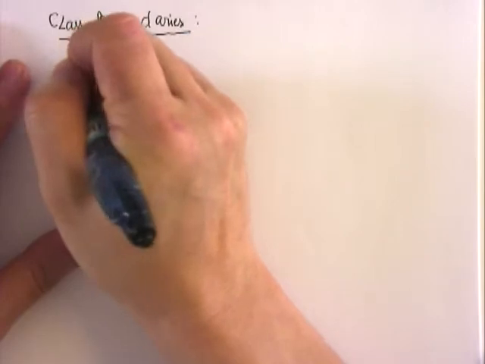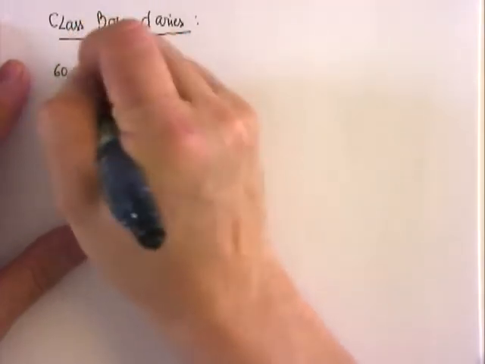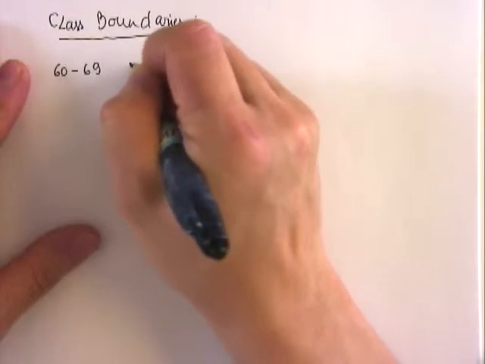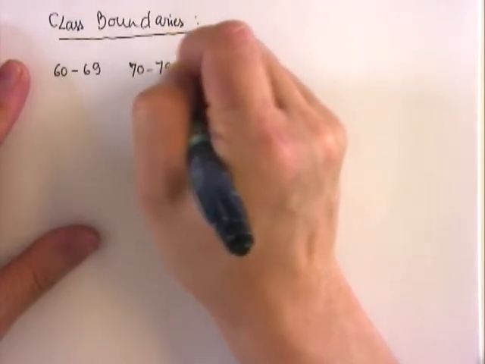So if you look at data set 1 again, here are the classes that we considered earlier in the other videos.